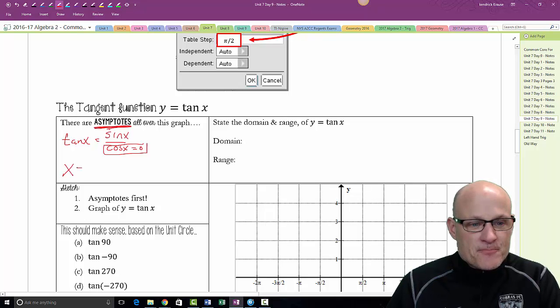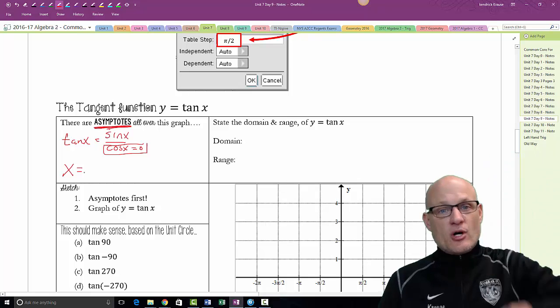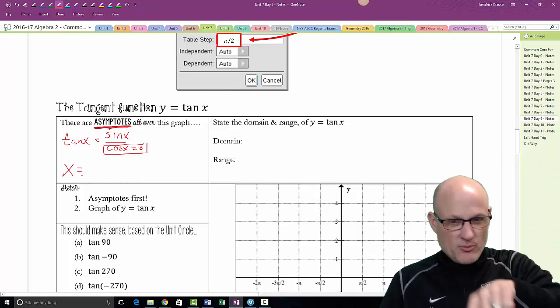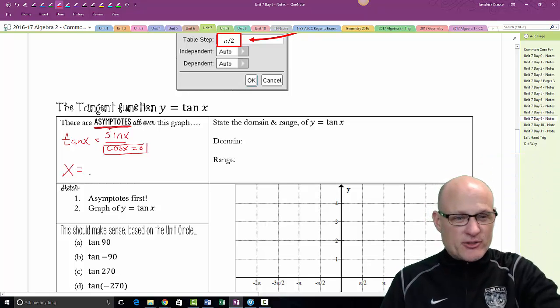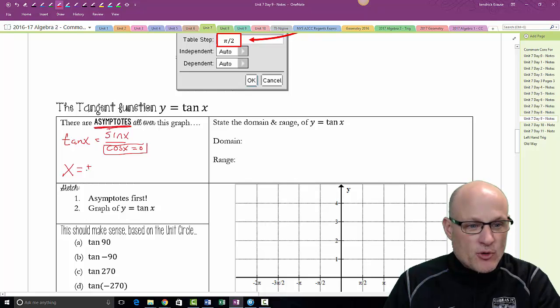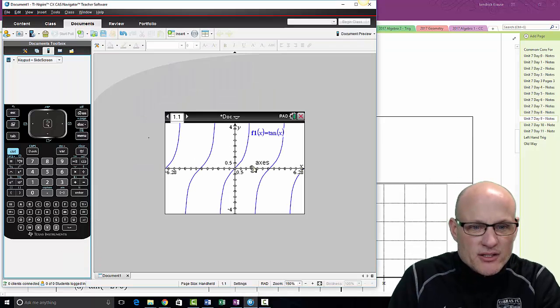Well, that means, let's see, cosine is 0 up and down, right? Because there's no left or right movement. So if I go up at 90 or down at 270, so at plus or minus pi over 2, or plus or minus 3 pi over 2.